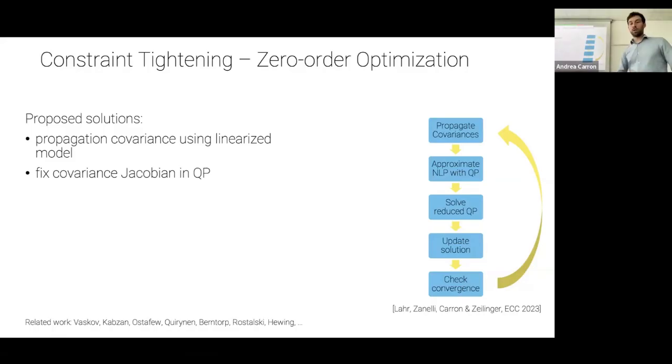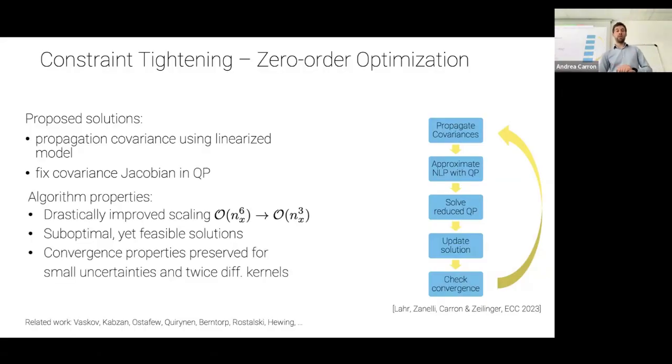What we can prove in this algorithm is that we drastically reduce the computational complexity. But at the same time, if we let it run until convergence, we obtain a feasible solution that, of course, is suboptimal. And the assumptions that are needed in order to have these guarantees are that we need a kernel that is sufficiently differentiable.